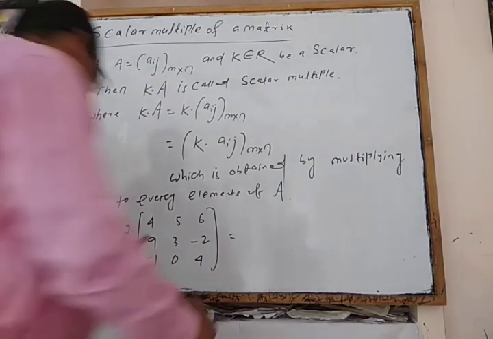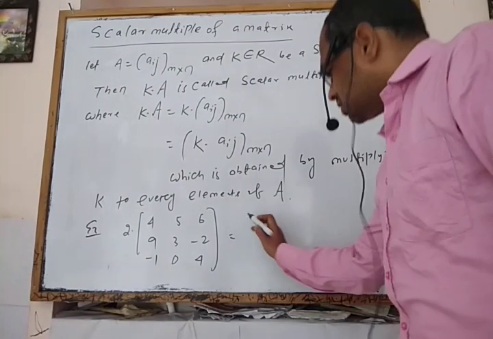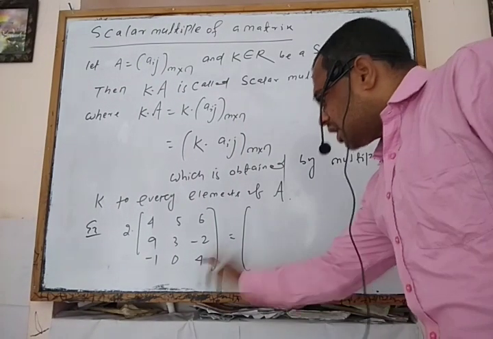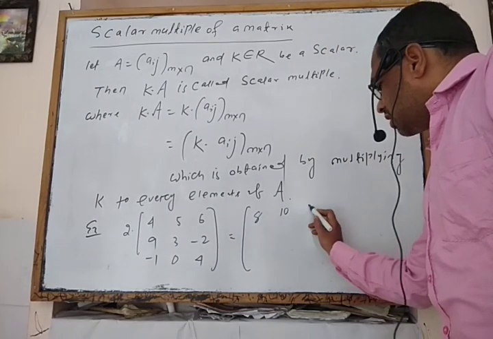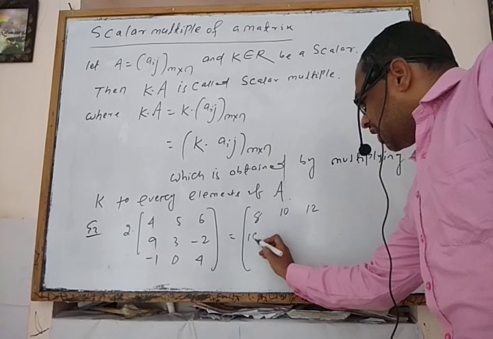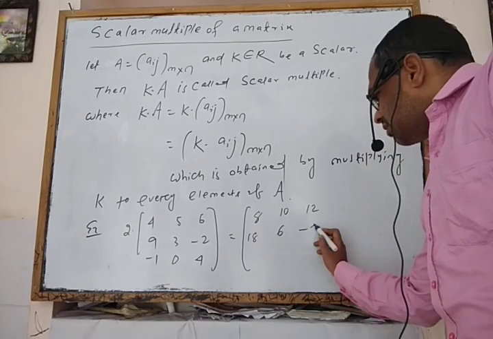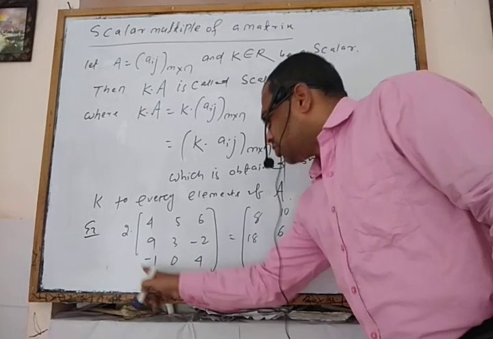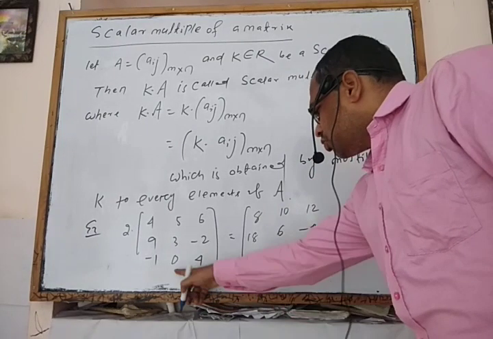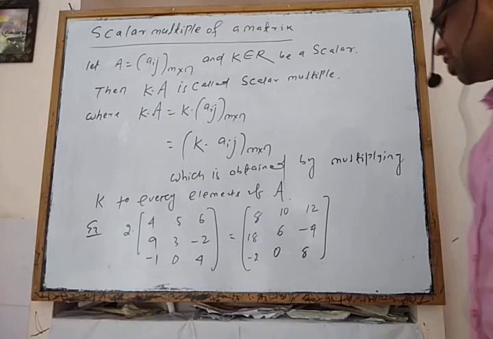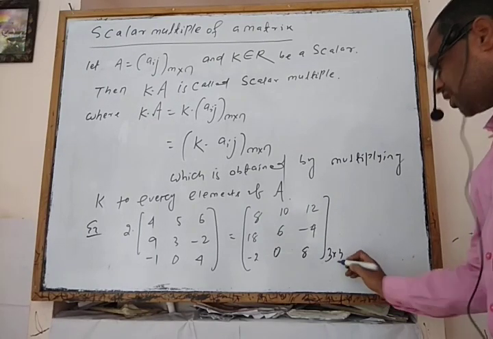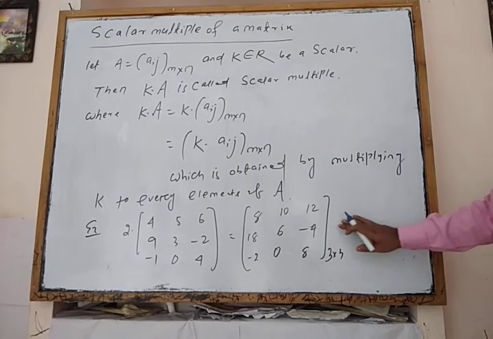When we multiply by 2, we multiply every element of the matrix by 2. So this is 8, here 10 and this is 12, here 18, then 6, minus 4, 2 into minus 1 is minus 2, 2 into 0 is 0, 2 into 4 is 8. So this is of order 3 cross 3. So this is the scalar multiple of the matrix.